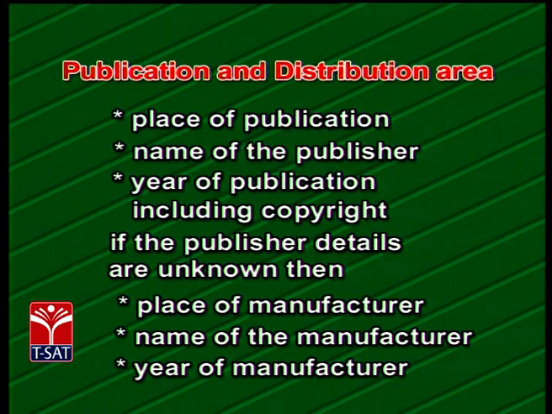In this area, the publisher details such as name of the publisher, place of publication and year of publication will be given. If the publication details are completely absent, in such cases the details about the manufacturer such as the place of manufacture, year of manufacture and name of the manufacturer will be given.